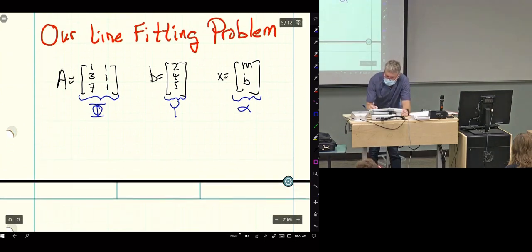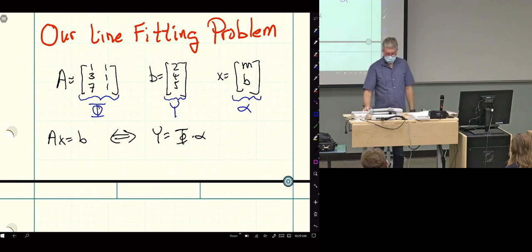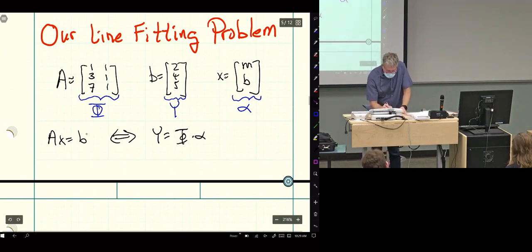So AX equals B for us will be the same thing as Y equals phi times alpha. I mean, it's totally arbitrary to put the X on the right.